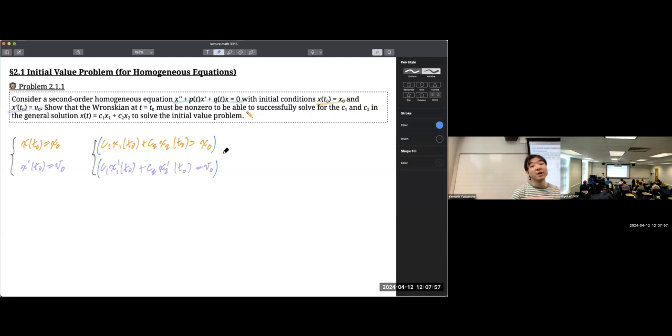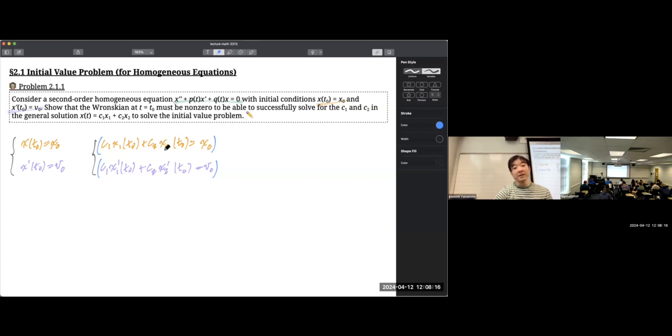But I'm leaving everything very general. You've done this for very specific problems, and I'm just saying hypothetically, we don't know what our x1 and x2 are, but if we were constructing the homogeneous solution from them, then solving this initial value problem is just plugging these in. And I'm going to do elimination. I'm going to try to eliminate the c2 term right here.